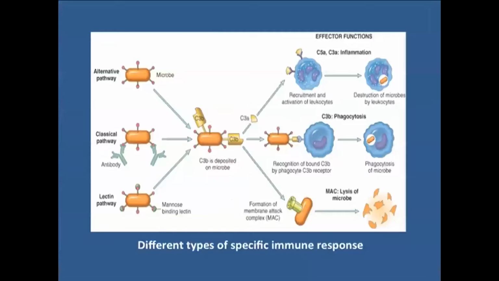At the same time they may activate the membrane attack complex, and that will also lyse the bacterial cell into pieces. So in this way the specific immune response will ultimately kill some specific bacteria or protect us from specific infection, and this is always pathogen specific.